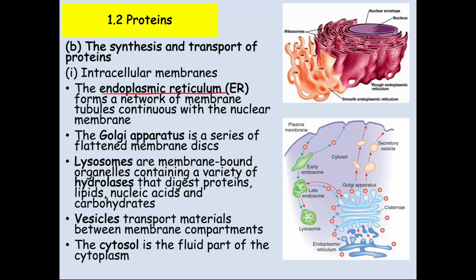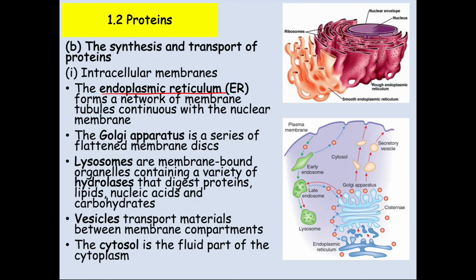Now, if we look at this diagram here, we can see there are two types of ER. All of this red and this orangey area here, all of that is our endoplasmic reticulum. And you'll notice that it's physically attached to our nuclear membrane, the membrane that surrounds the nucleus. So the ER is continuous with the nuclear membrane.